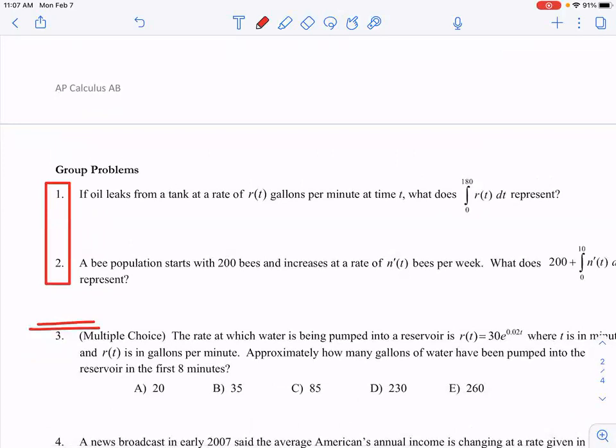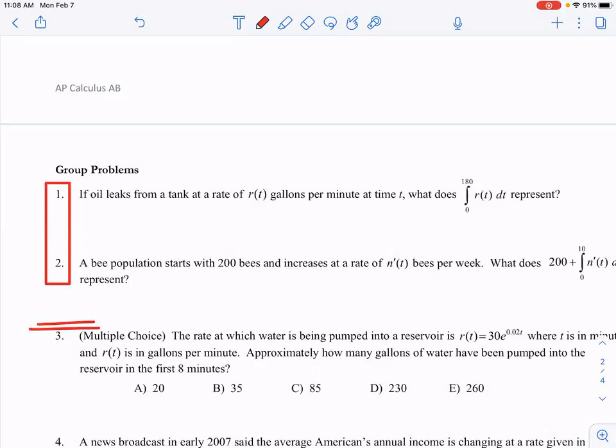The initial amount of bees and then the amount of bees that are out of the curving gap. Number 2 would be the initial amount of bees plus the amount of change towards the final, but it's from here to week 10.